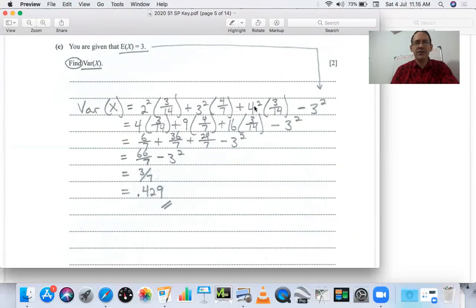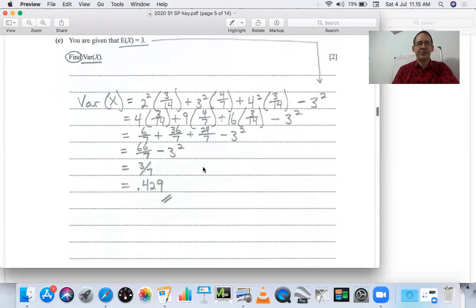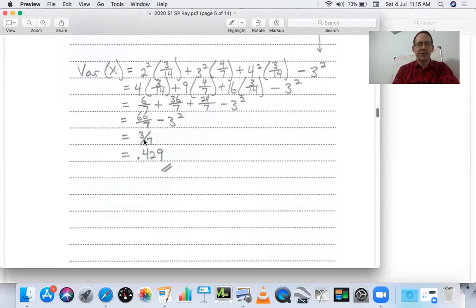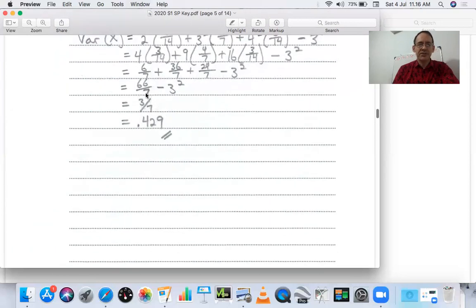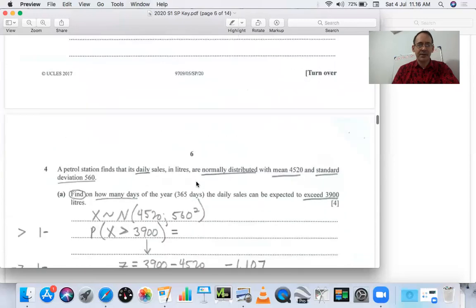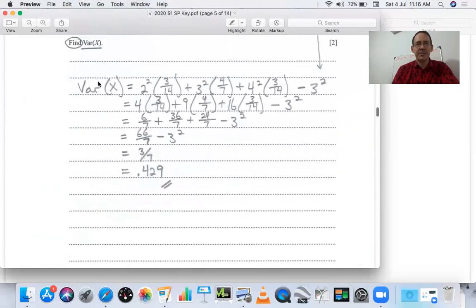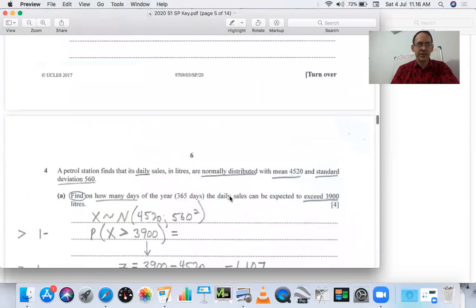You add all of those up and subtract the mean, which is this right here, the E of X squared, so 3 squared. And you go through and simplify it all out, and at the end you get 3/7 or 0.429 to your 3 decimal places there, or your 3 significant figures rather. So 3/7 or 0.429 is your answer for that. That's just following your formulas. These, by the way, are in your formula sheet. You can look it up and see the formulas there.